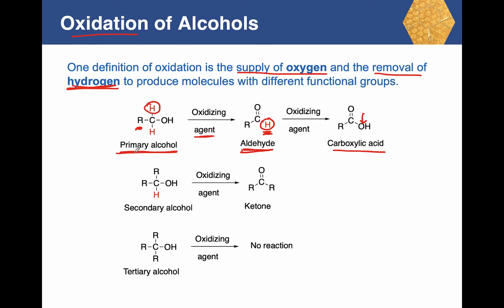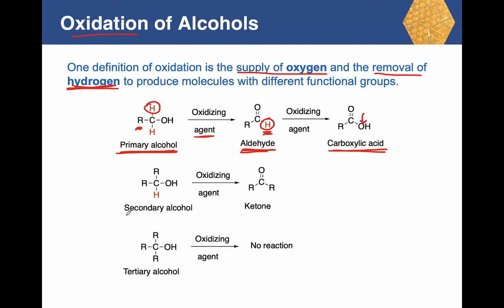So primary alcohols can be oxidized to aldehydes, and in the presence of more oxidizing agent, the aldehyde can be oxidized to a carboxylic acid. So look out for these functional groups as products for these reactions.